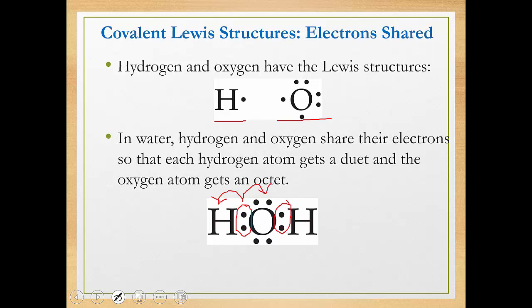Same thing here. These two, hydrogen is claiming both of them as its duet, but oxygen is also claiming both electrons, both the one that it started with originally and the one that it's sharing with the hydrogen. The hydrogens count the one that they had originally, plus the one that's being shared with the oxygen. So those electrons kind of get counted as twofers, if you will. They get counted for both of the atoms that are sharing them.